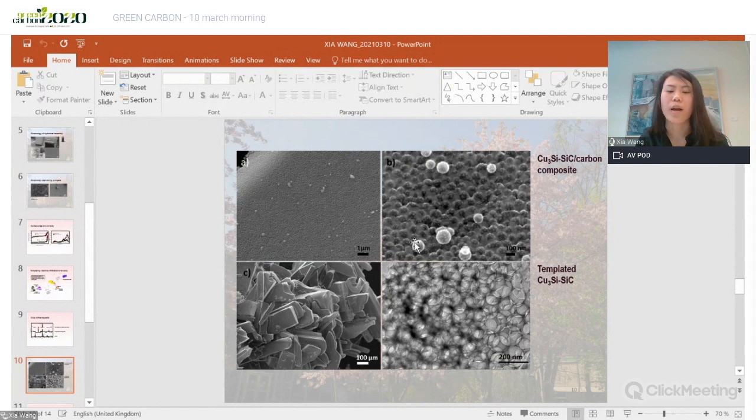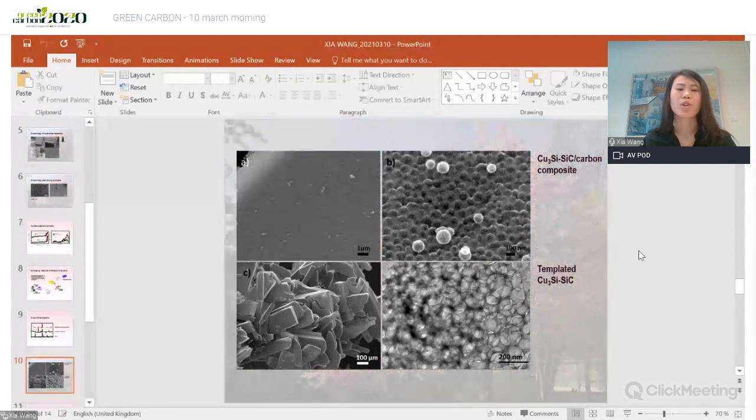And after removing these hydrochar spheres, it showed a hollow structure in both TEM and SEM. So this templating method worked with these hydrochar rods reactively infiltrated with this copper silicon alloy. So this is the study.